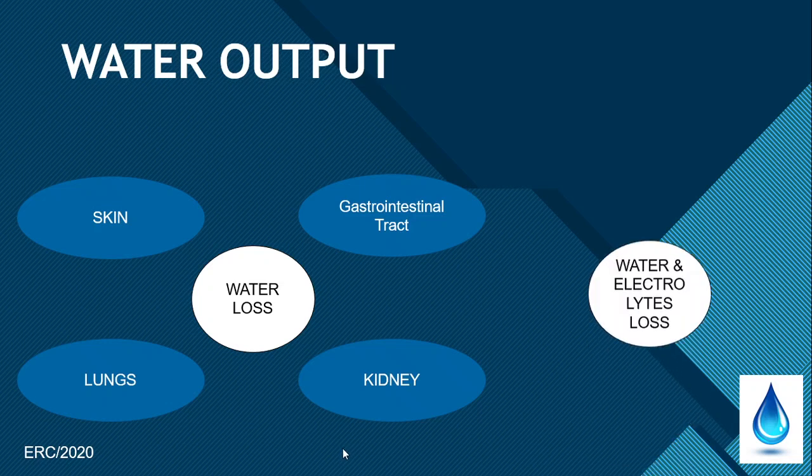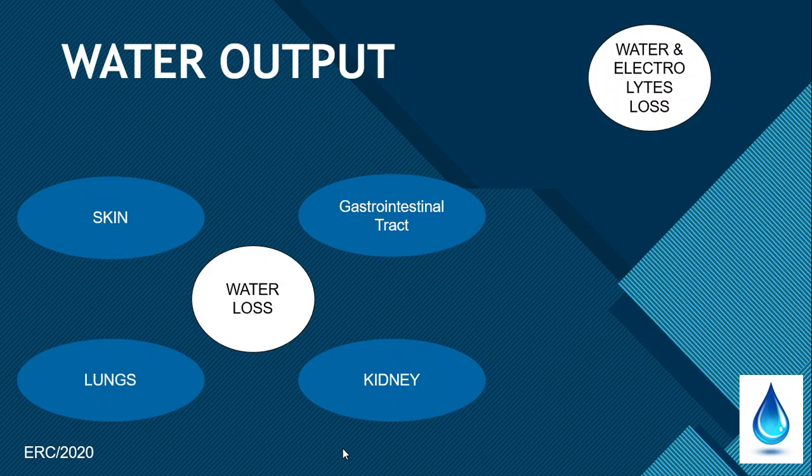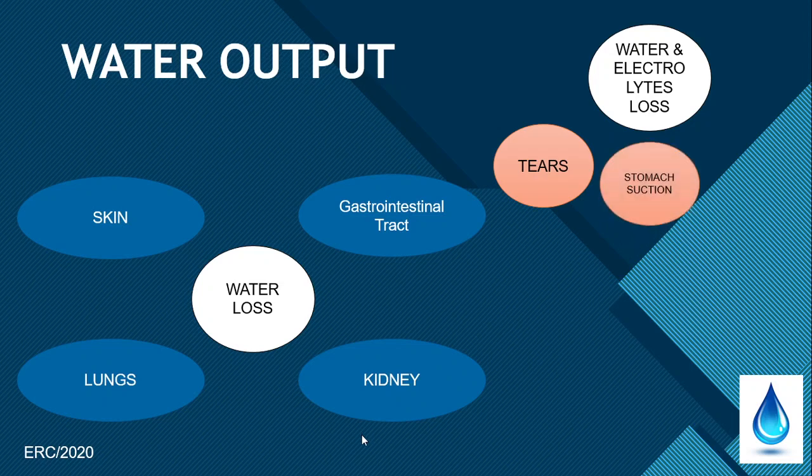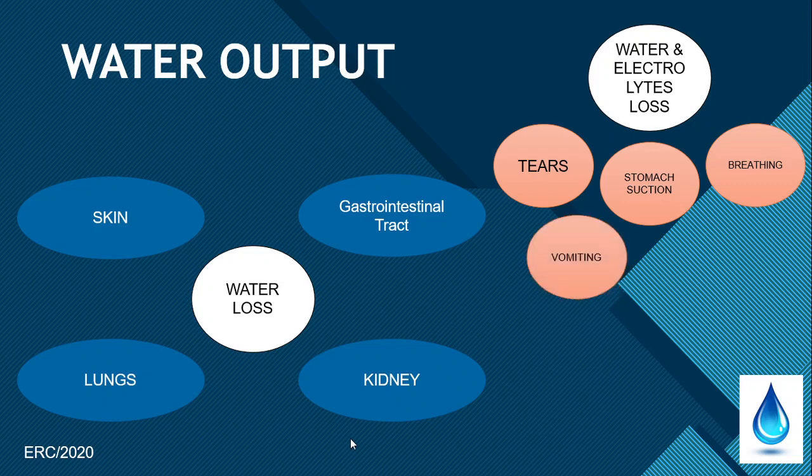Water may also be lost together with the electrolytes through, number 1, tears, when we cry. Number 2 is through stomach suctioning. Number 3 is through breathing. And of course, water and electrolyte loss due to vomiting.